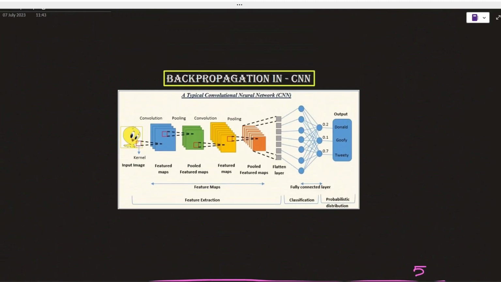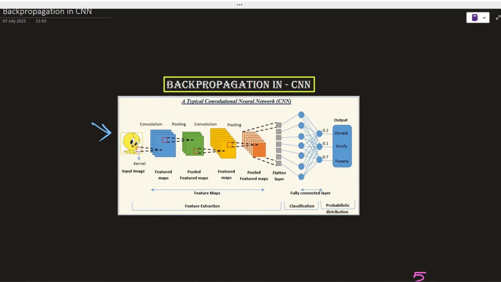And then finally, if you pass an image of a Tweety bird, then since these filters have the best values in order to capture the edges or features like the eyes of Tweety bird or its eyebrows or head or other features, it will pass the information towards the end of the architecture so that it can confidently say that it is an image of a Tweety bird, not of Goofy or Donald Duck.